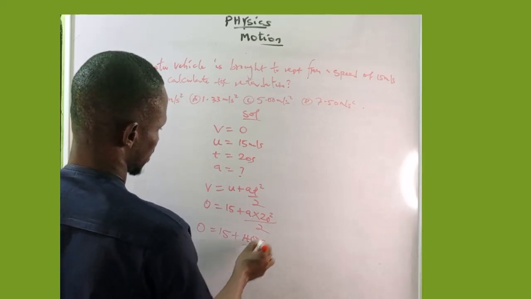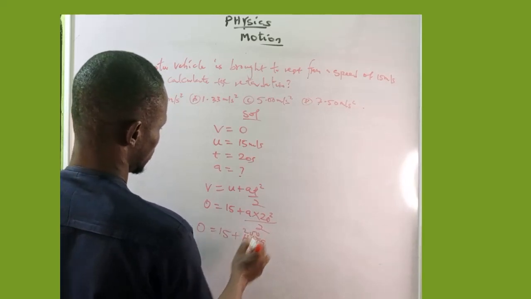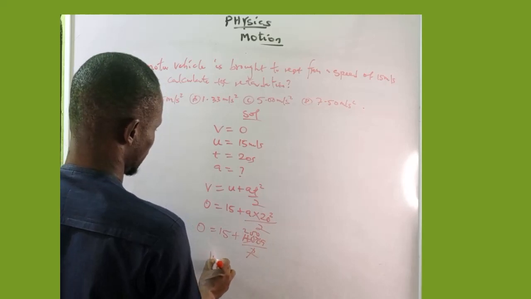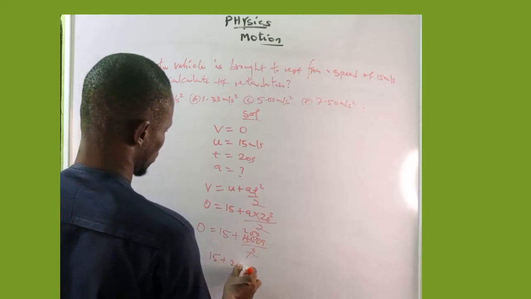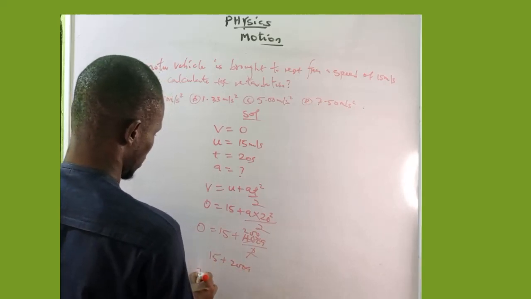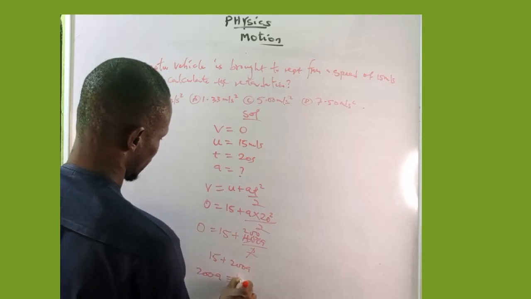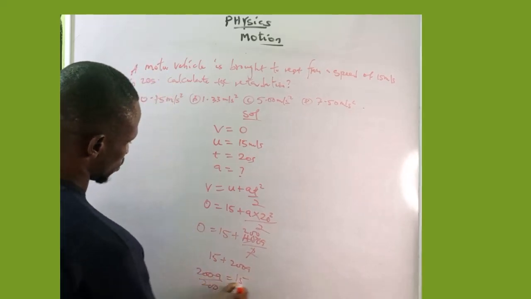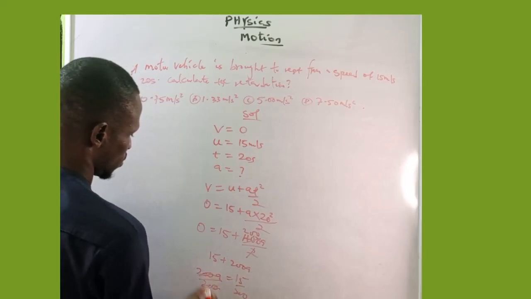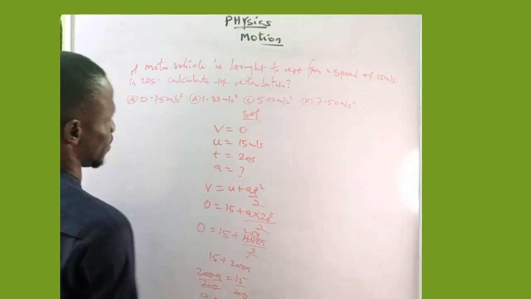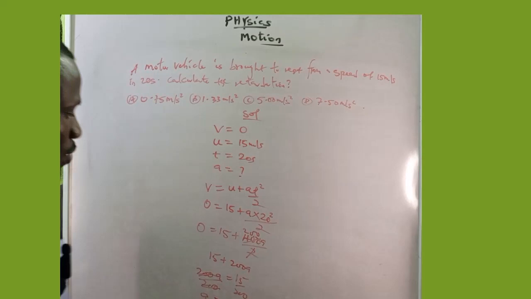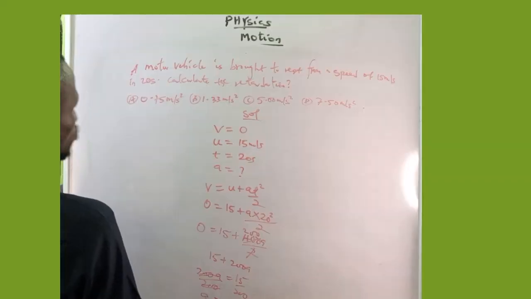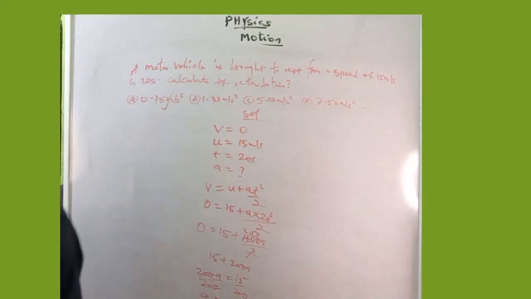So this cancels, it is 200. So we have 15 plus 200A. 200A comes over here over 15. Divide by 200, divide by 200. I press 15 divided by 200. So the answer should be 0.075, not 0.75.